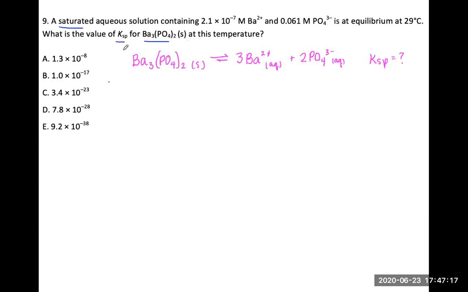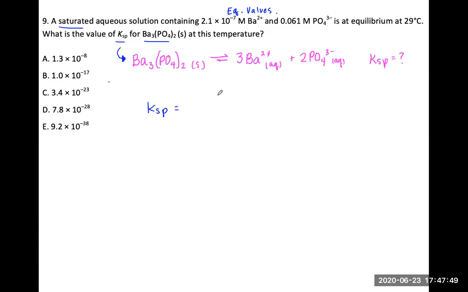And so the KSP reaction always corresponds to taking the solid and dissolving and breaking into the ions in water. And so what these values are telling me when we're saturated is that these are equilibrium values. So if we plug them into our KEQ expression, we'll get our KEQ. And so we can go ahead and set up KSP, which is just a specific type of KEQ.